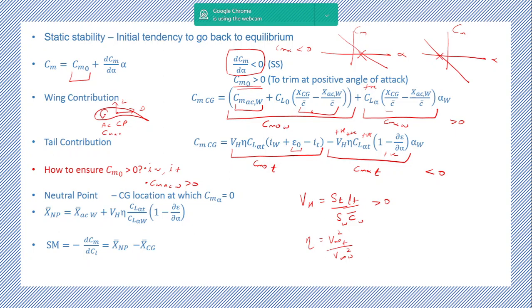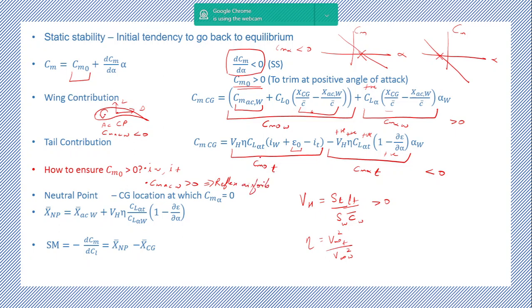So CMAC, the CM at the aerodynamic center for a cambered airfoil, will be negative. So we typically use cambered airfoils for the wing. What can you do to ensure that the CMACW is greater than 0? Exactly, reflex airfoils. So we can use reflex airfoils.